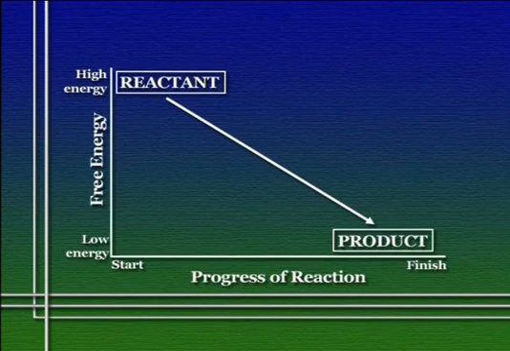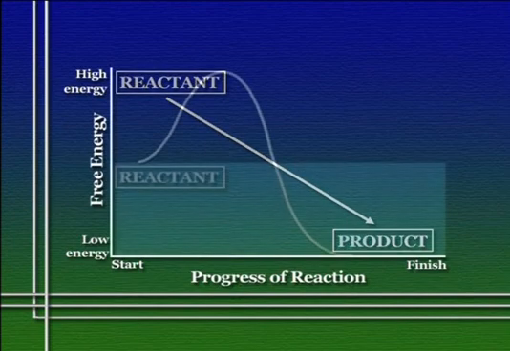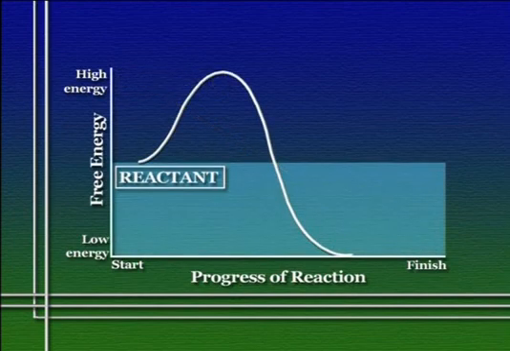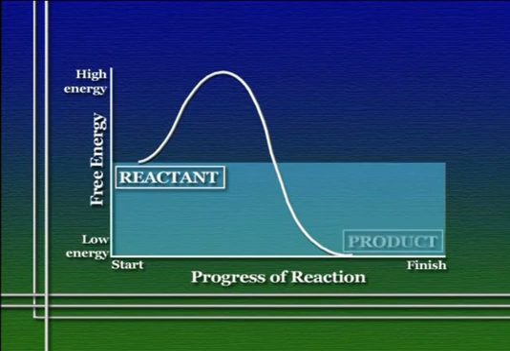However, a more realistic drawing for the energy relationships of a typical exergonic reaction in the cell would not be a straight downward line, but would instead be a curve that initially went upwards to a higher energy level and only then went downwards, down to the lower energy state of the reaction's product.